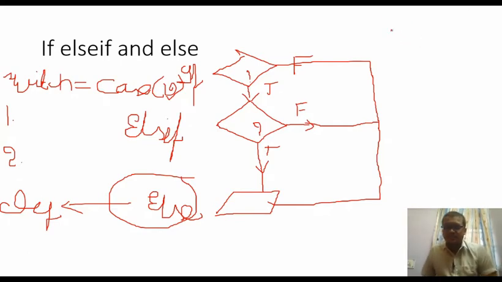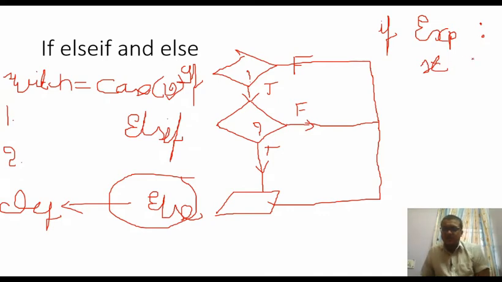Let me go to the syntax here. If expression. After writing the expression, you need to give a colon. This is a mandatory thing. After one tab, you provide the statements. After doing this, you go for else if.